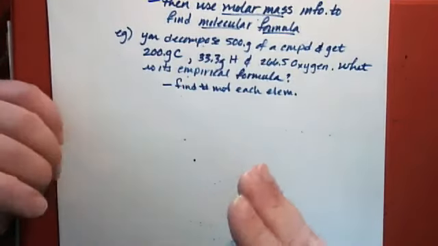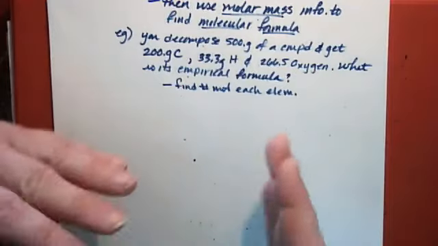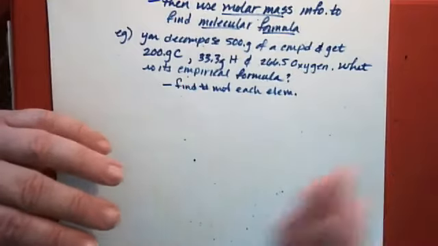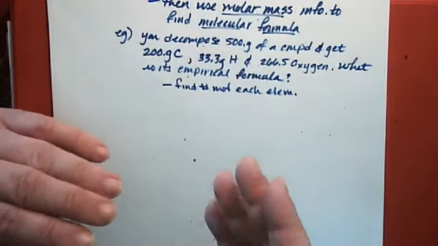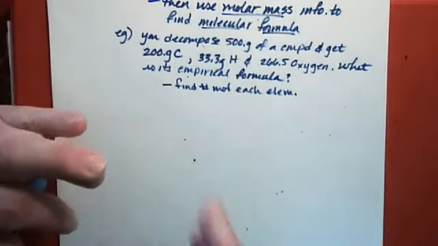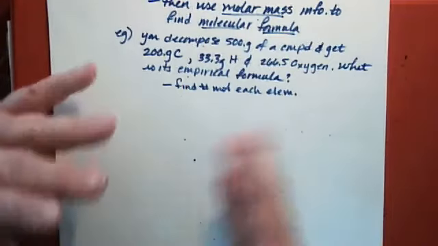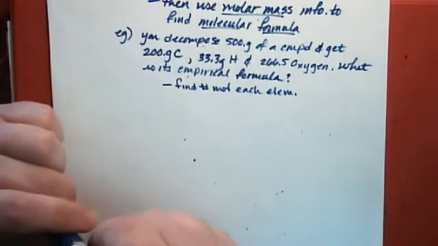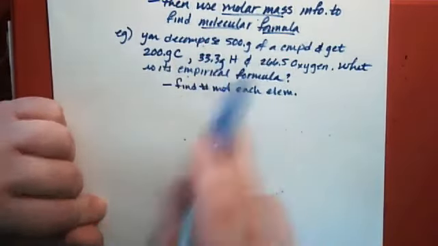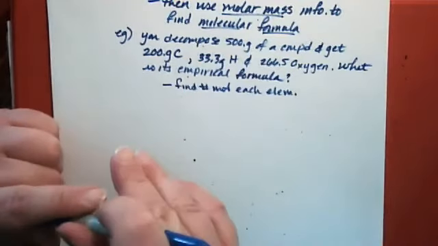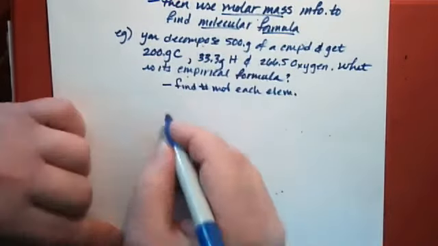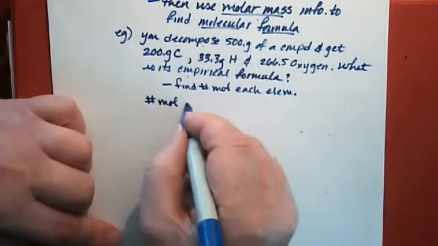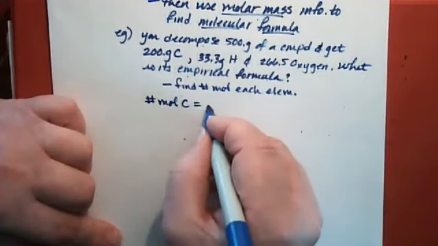If you have one molecule of H2O, you have 2 hydrogens and 1 oxygen. If you have a mole of H2O, then you have a total of 2 moles of hydrogen and 1 mole of oxygen. So those ratios are the same no matter how much of the compound you've got. So if you're given masses like you are here, then you can just use those masses to find numbers of moles. And then you can put those moles together to find your empirical formula.